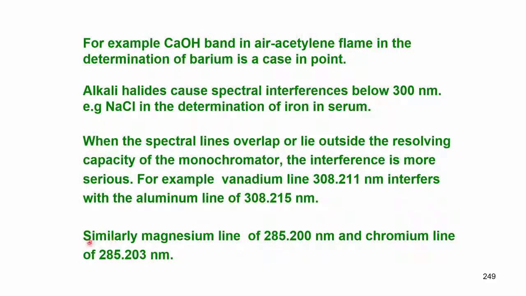That means no amount of diffraction grating or monochromator can separate these two lines. So, there will be spectral interference of magnesium or chromium in presence of each other. If you want to determine magnesium, chromium will interfere. If you want to determine chromium, magnesium will interfere, if both of them are there in the sample.